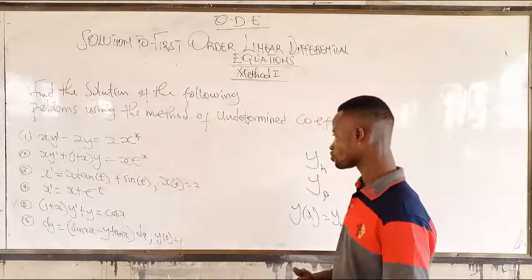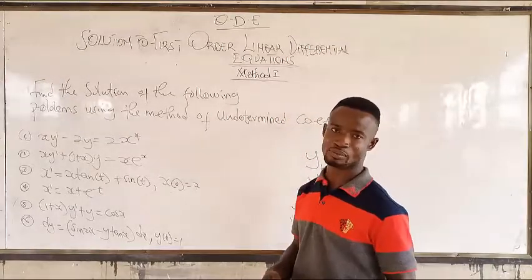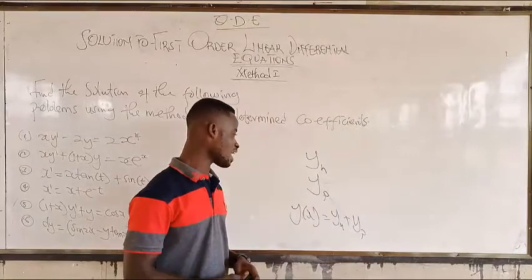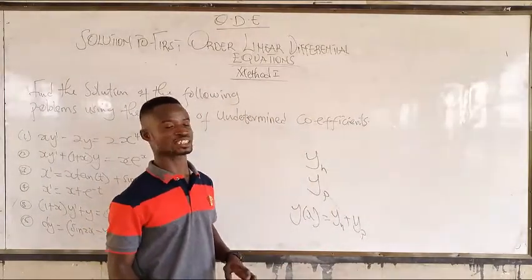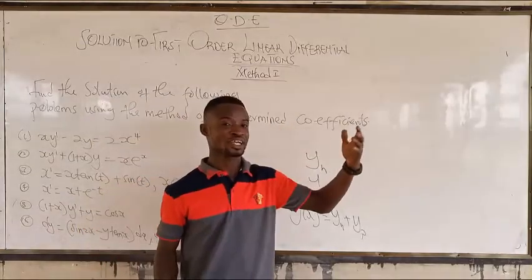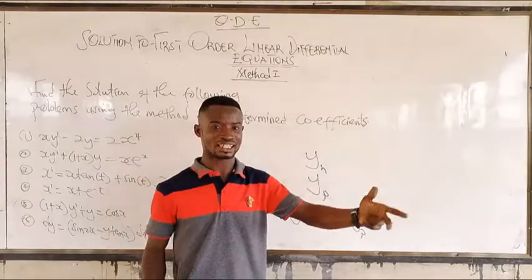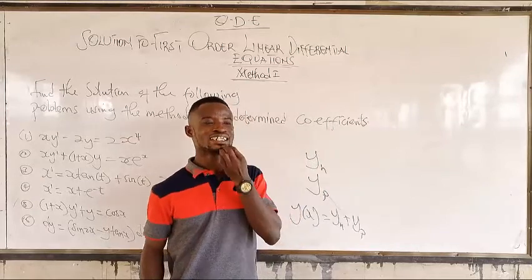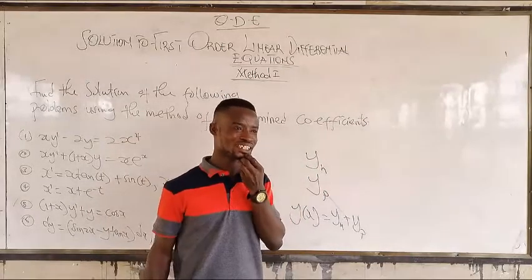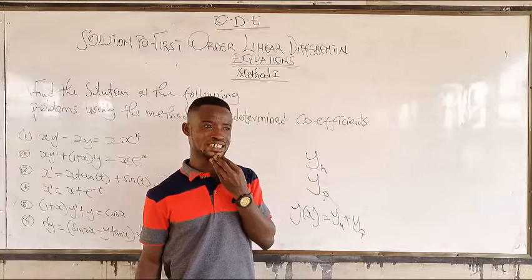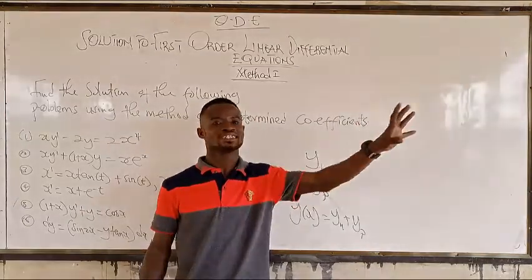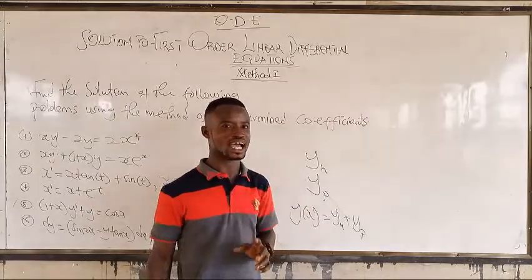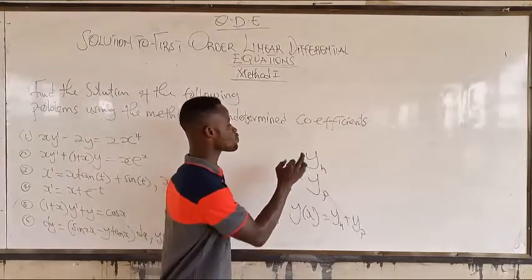There are some questions or some exams that you will be asked to strictly go by this method. In fact, we will be doing method 2, and when we do that, you will establish that that method is quite easy. But don't stick to only that, because there are some times that you will be restricted to find this.